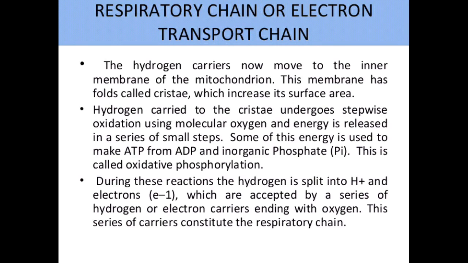In a series of small steps, some of this energy is used to make ATP from ADP and inorganic phosphate. This is called oxidative phosphorylation. During these reactions, the hydrogen is split into H plus and electrons, which are accepted by a series of hydrogen or electron carriers ending with oxygen. This series of carriers constitutes the respiratory chain.